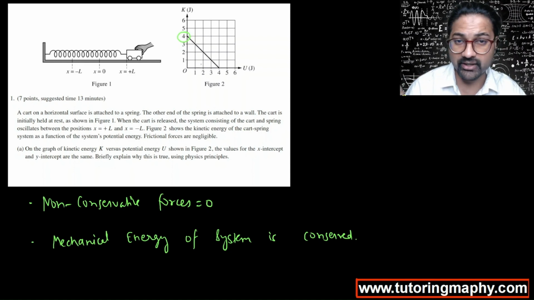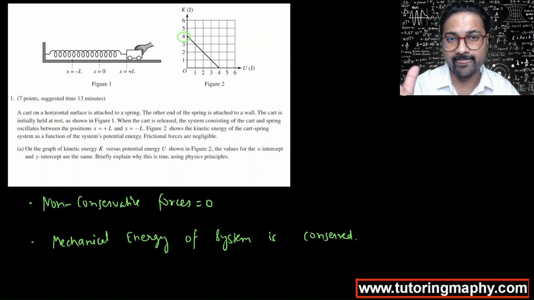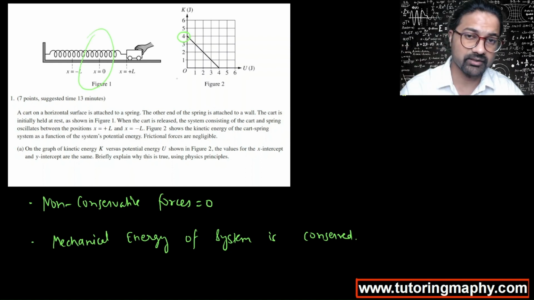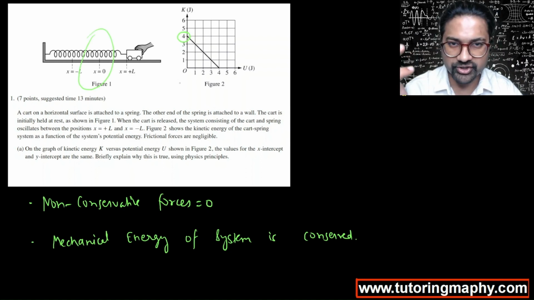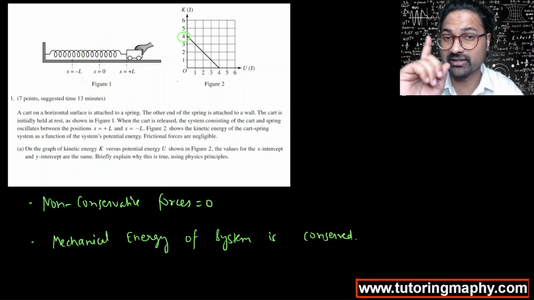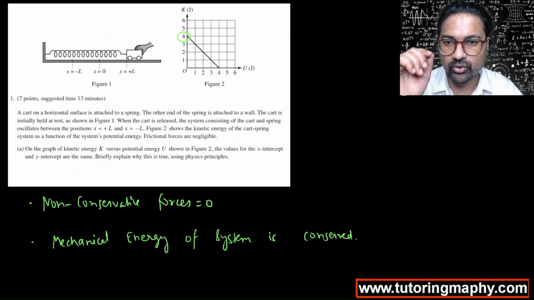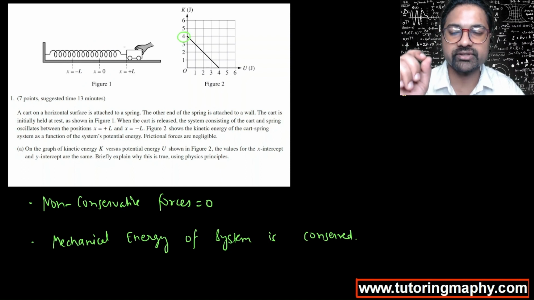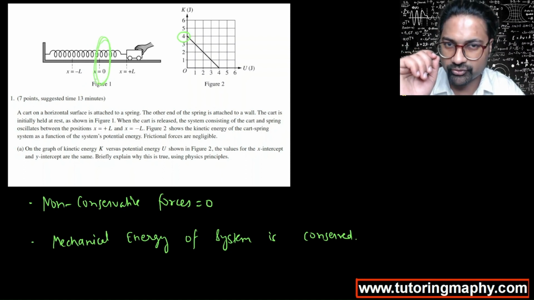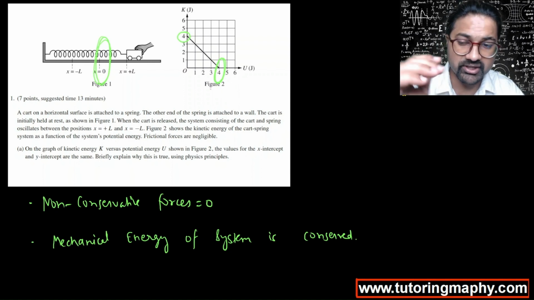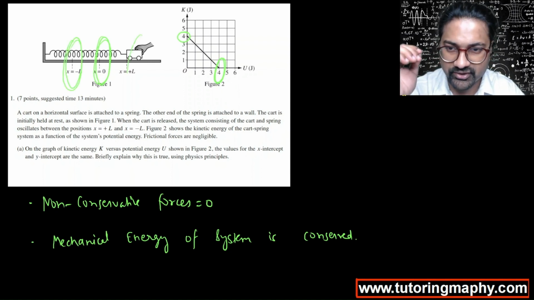At equilibrium, not at an extreme, because at the extreme the speed is 0 and the amplitude is maximum, and at the equilibrium, as in at x equal to 0, the elongation is 0, so the displacement is 0 while the velocity is maximum. So this K equal to 4 joules corresponds to the point of x equal to 0, and this 4 joules of potential energy corresponds to the point of either extreme.